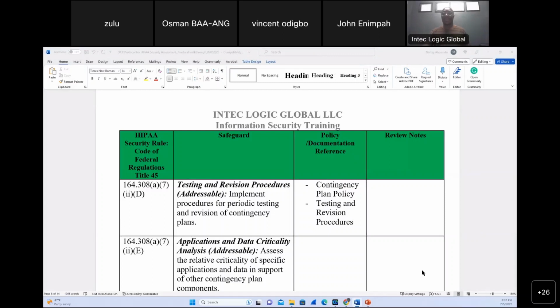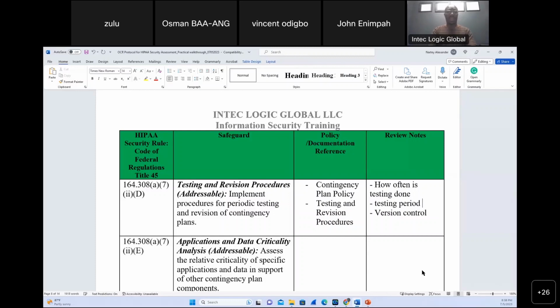The period of testing. How often is the testing done? I'll add that to the points that I have here. Let me add one, let's say testing period. You don't just get up and do any testing anyhow, right?